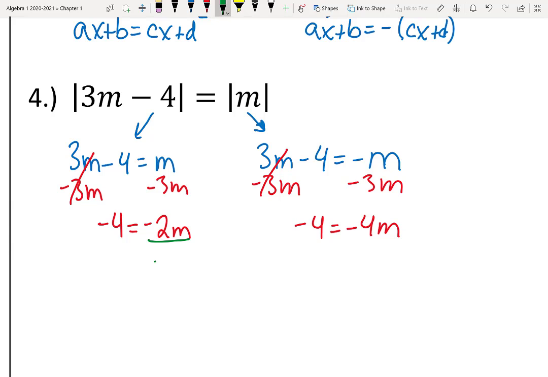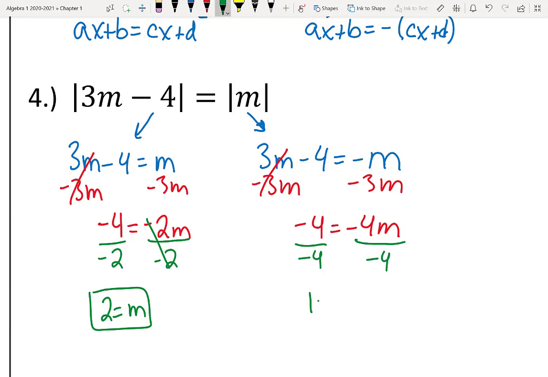And so then, getting rid of my coefficient, which is negative 2 on the left-hand side, I get 2 equals m, because negative 4 divided by negative 2 is positive 2. And then my other equation, I divide by negative 4 on both sides and get positive 1 for my other m value. So positive 1 and positive 2.